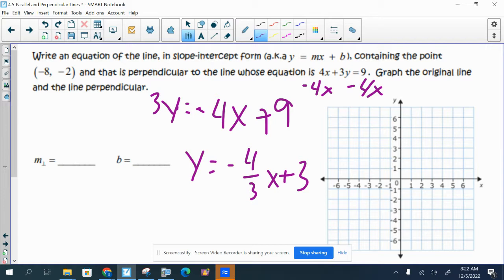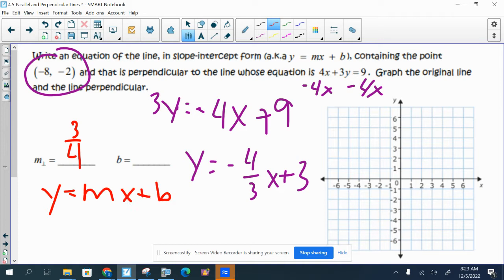Now we take the opposite reciprocal slope, plug in our point to figure out what the equation is for the perpendicular line. So we would have positive 3/4. So y equals mx plus b. The y is negative 2. The m is 3/4. The x is negative 8 plus b.